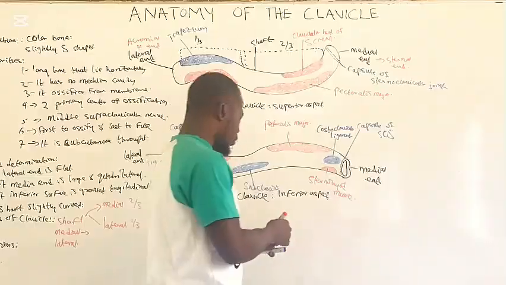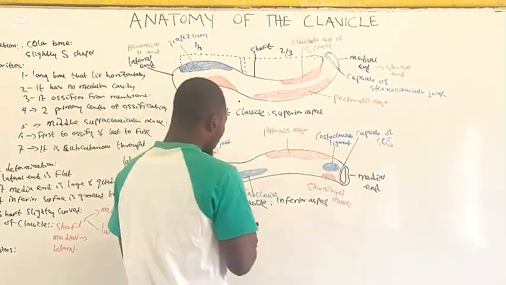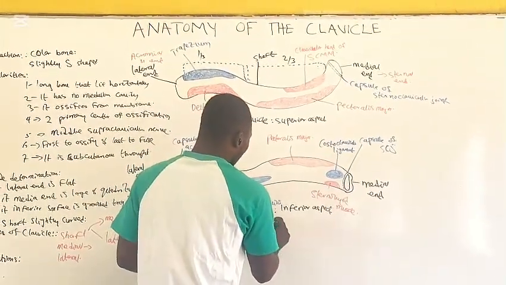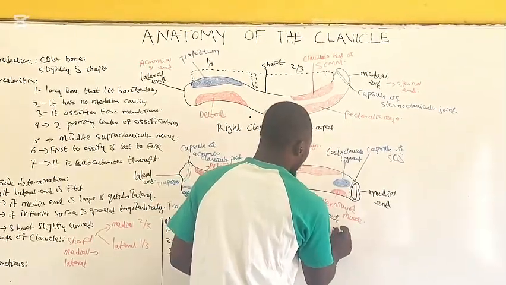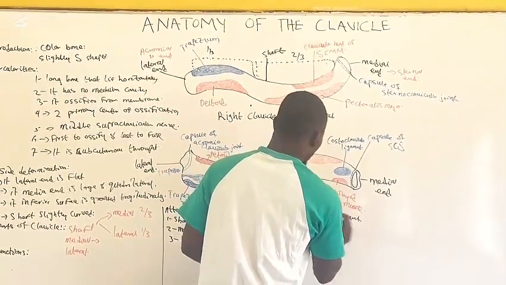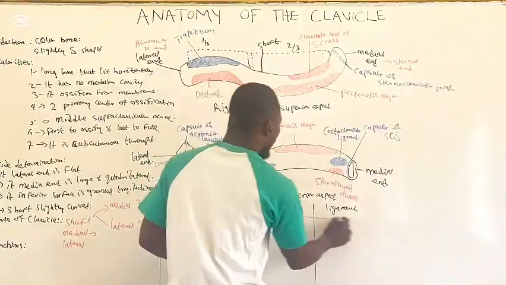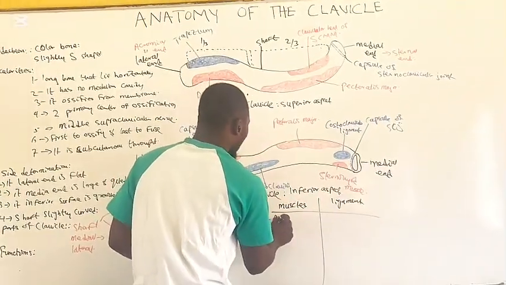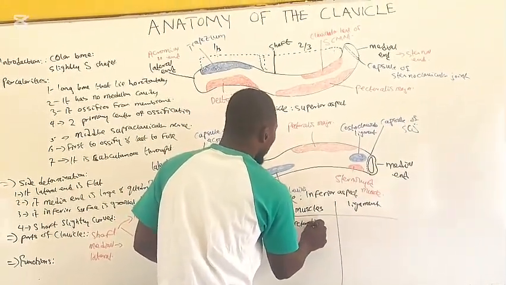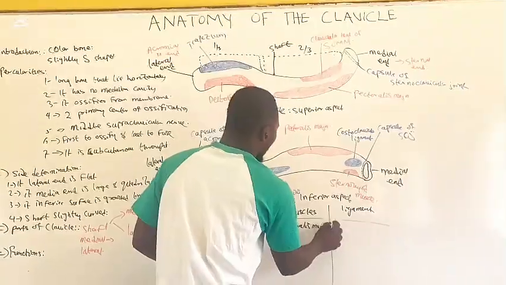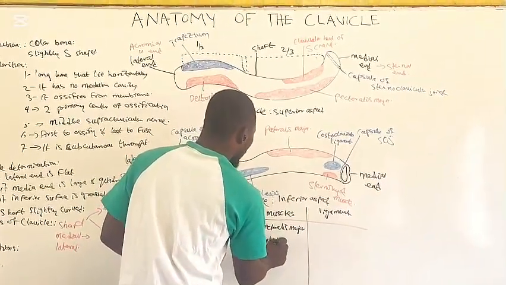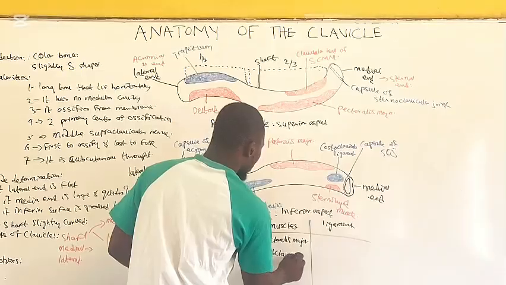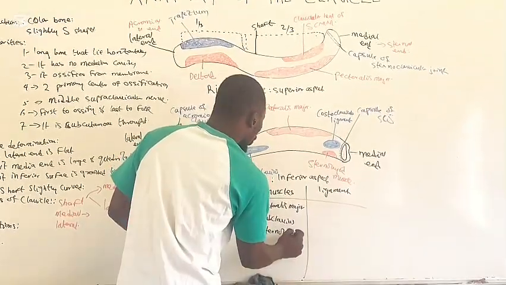Now, in summary, these are the muscles and ligaments that are attached to the clavicle. The muscles that are attached to the clavicle are 1. Pectoralis major, 2. Subclavius, 3.